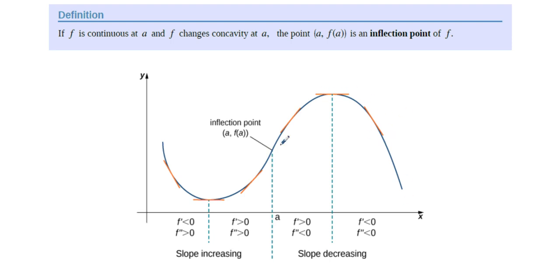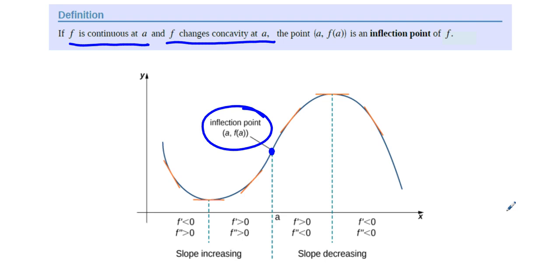In this area, the function is concave down. The slope is increasing, the slope is decreasing. When the slope is the slopiest, when the slope changes from increasing to decreasing, that point is called an inflection point. If f is continuous and changes concavity, we call that point an inflection point.